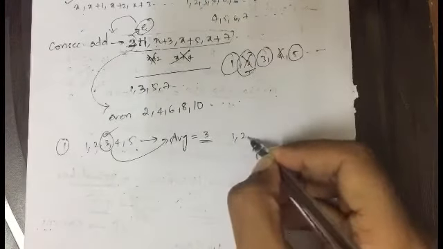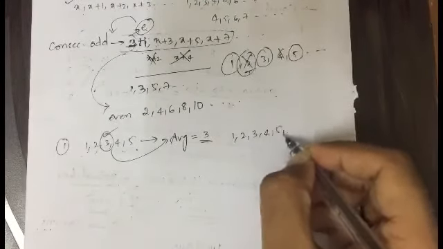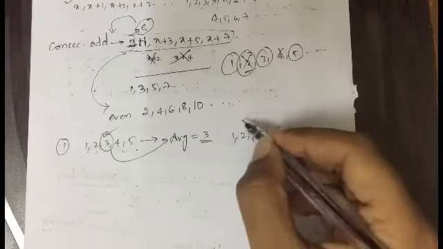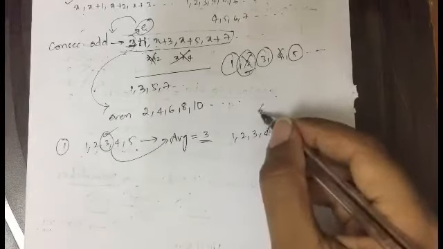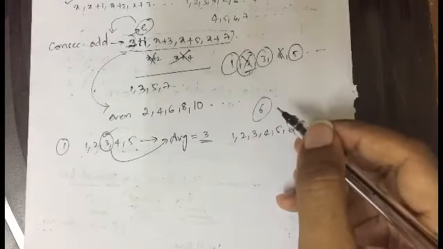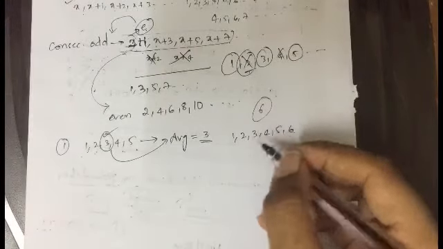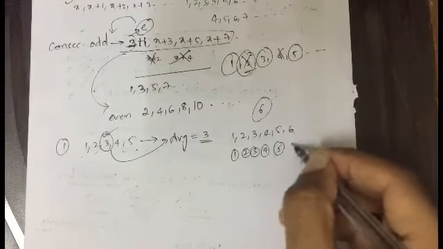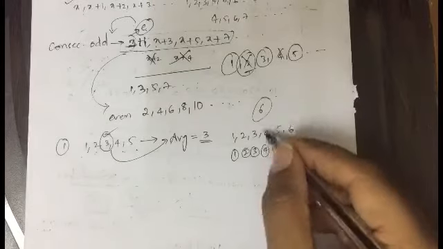In case of 1, 2, 3, 4, 5, and 6, we are having an even number of numbers, a total of 6 numbers. In this case, what is the middle number? These are positions 1, 2, 3, 4, 5, and 6, right?